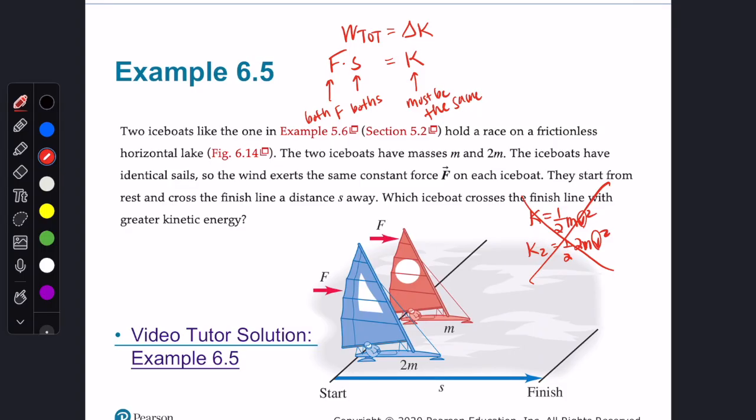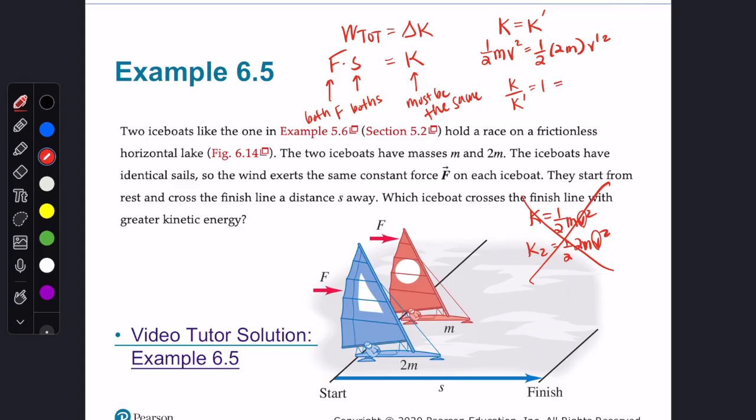So let's figure out now which boat crosses the finish line with the greatest velocity. If K is the same for both boats, let's call one K and K prime. 1/2 mv squared equals 1/2 2m v prime squared. Let's find the relationship between v prime and v. We know that K over K prime is going to equal 1.